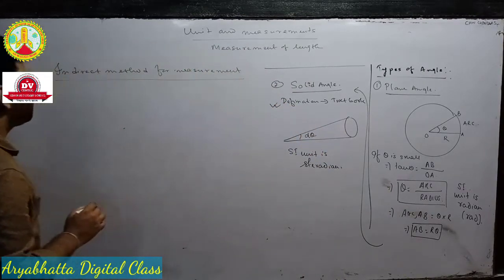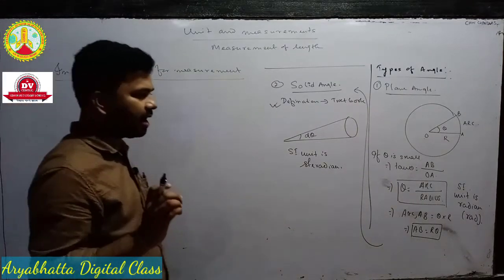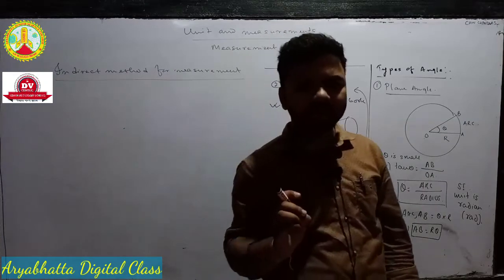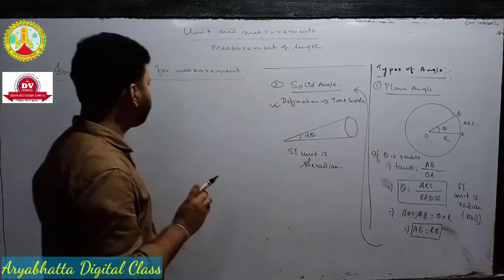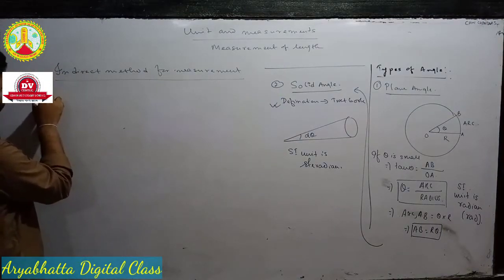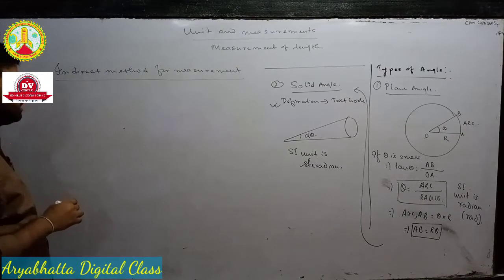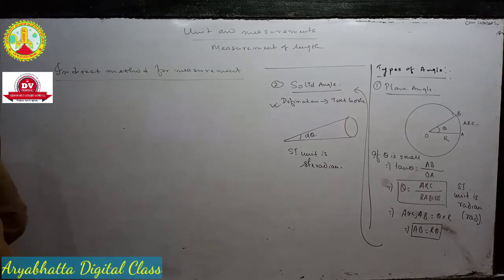Okay, so indirect method for measurement. One is measurement of height of tower, next one is measurement of height of inaccessible tower. Okay, third one is measurement of diameter of the moon.